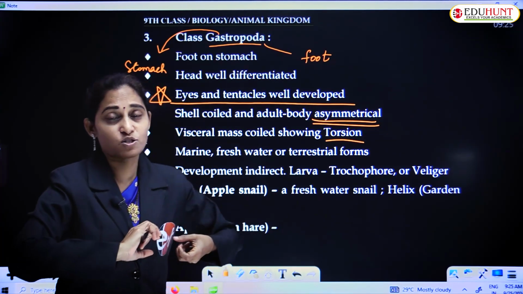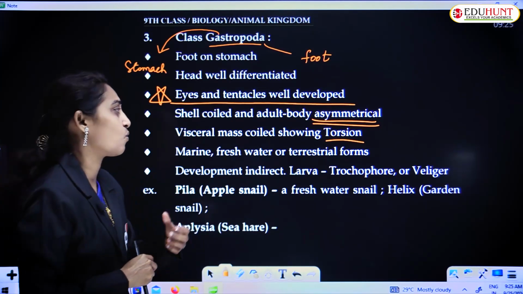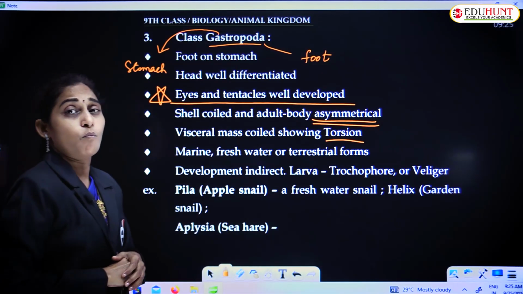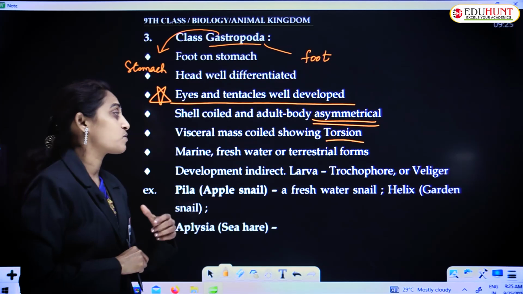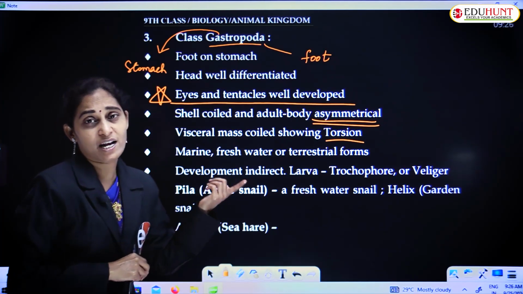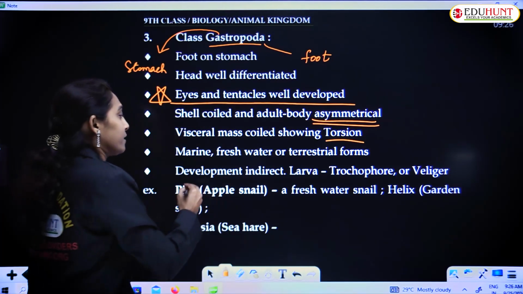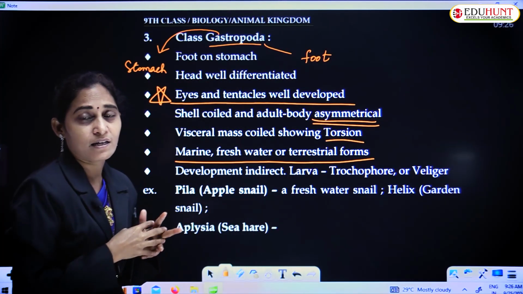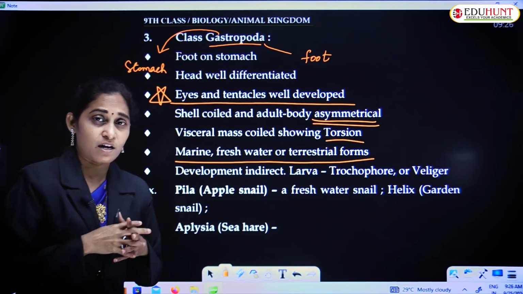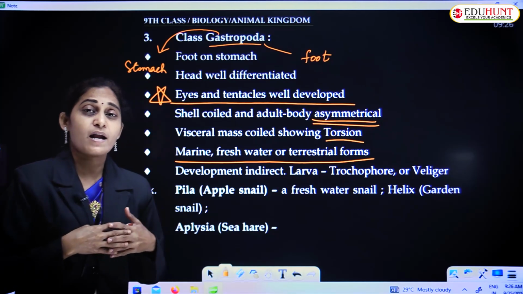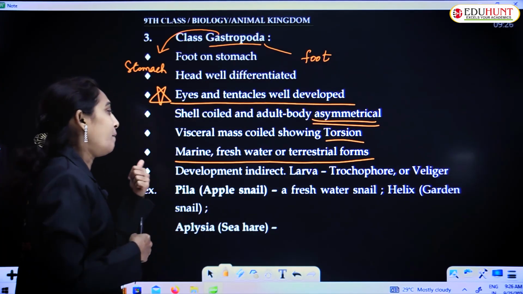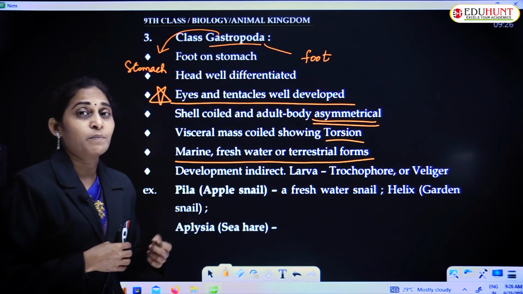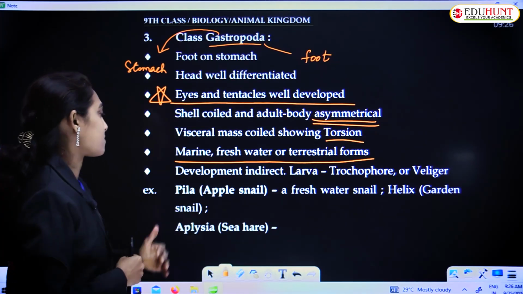Most of them are marine forms, and some freshwater and even terrestrial forms are also there. All types of forms are seen in Gastropoda, both marine and freshwater animals.